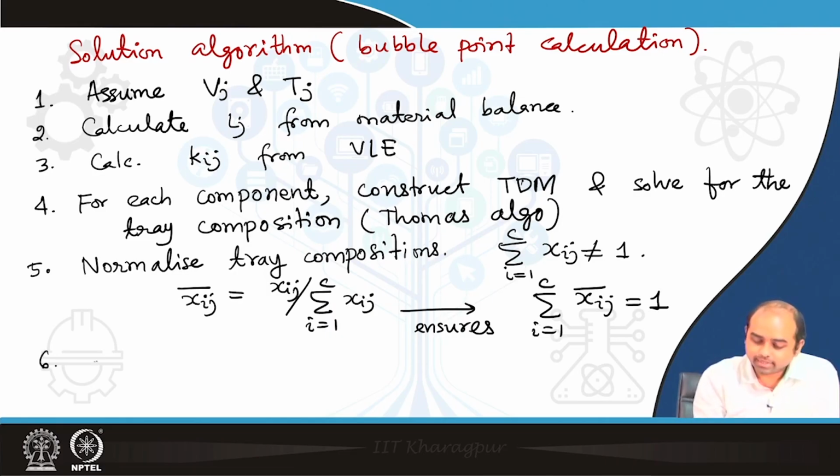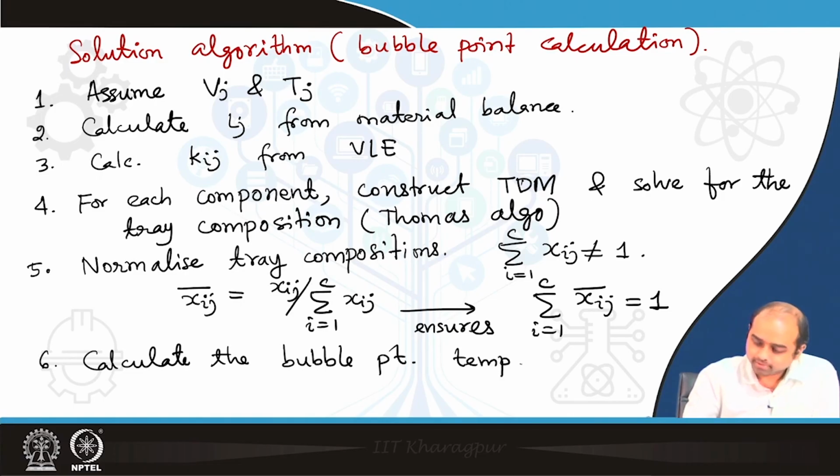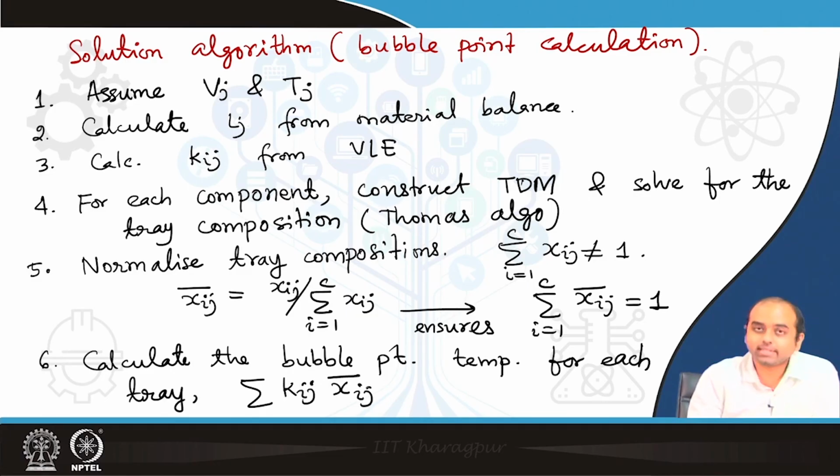Next is to calculate the bubble point temperature for each tray. And how do you do it? You use the other summation equation, summation of Kij Xij, and to get this you use the normalized tray composition.